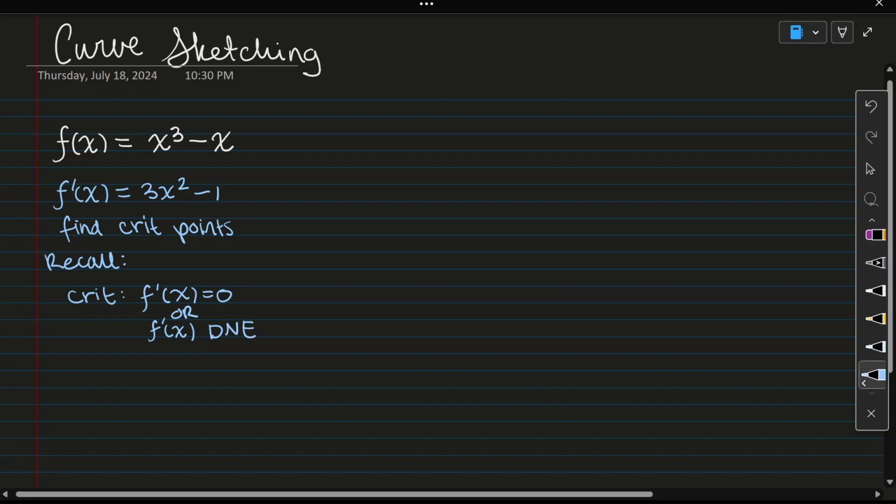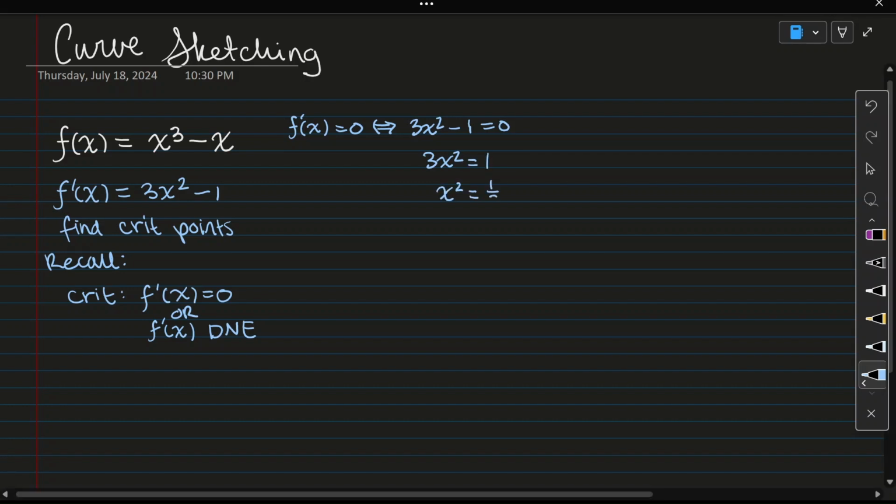So let's take a look at this first case here. If f prime of x equals 0, then we have that 3x squared minus 1 equals 0. So 3x squared equals 1, so x squared equals 1/3.